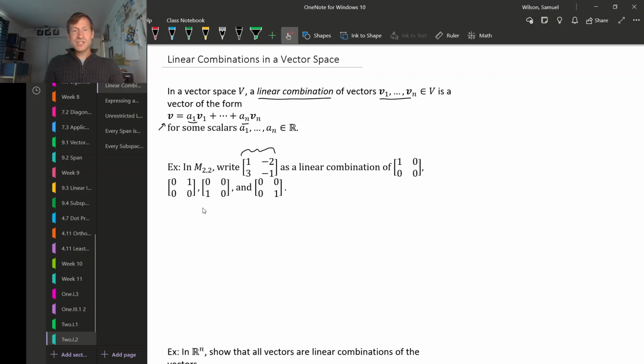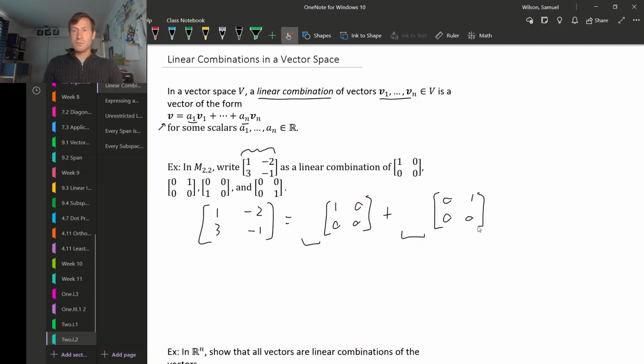So what I'm suggesting here is that we should be able to come up with scalars here to multiply each one of these matrices and produce the matrix on the left. So to demonstrate that the matrix on the left is a linear combination of all of these matrices on the right, we just have to choose appropriate coefficients.